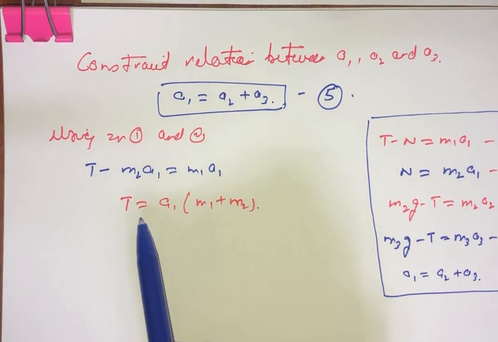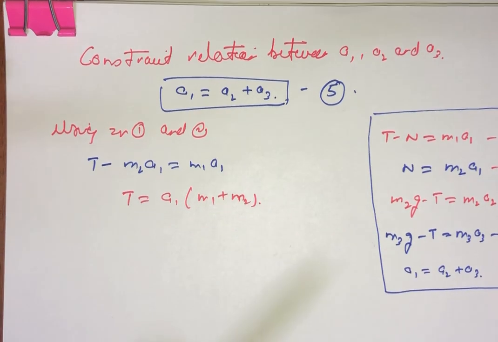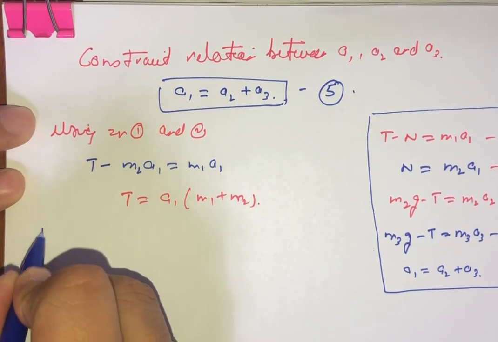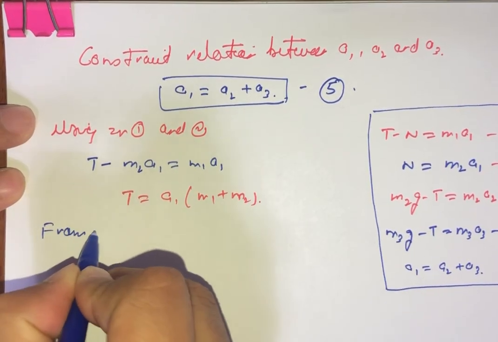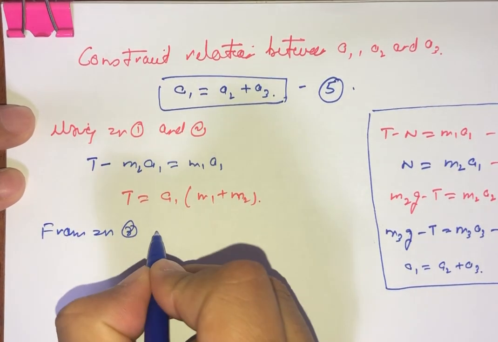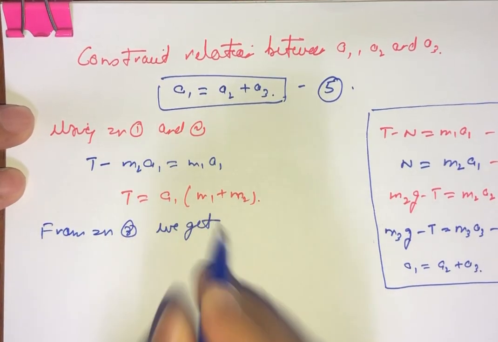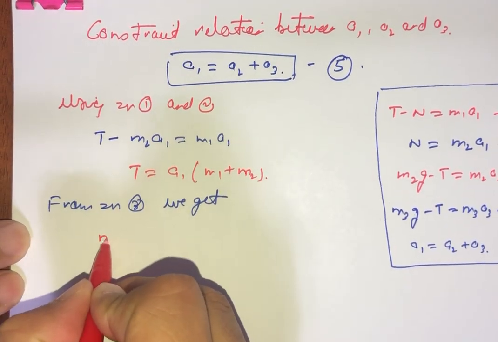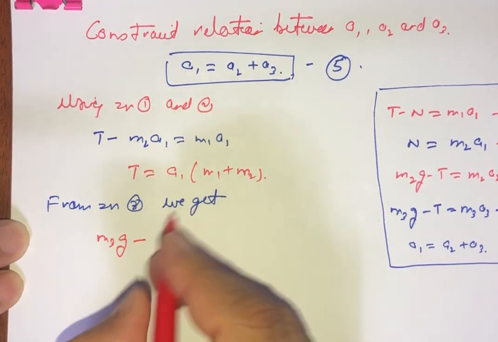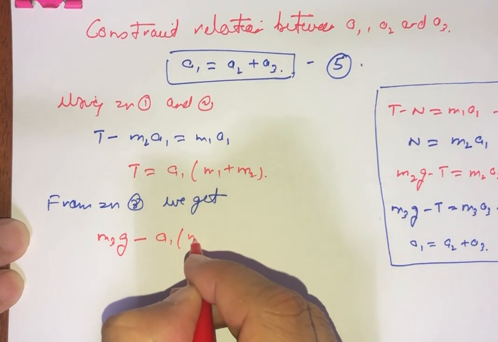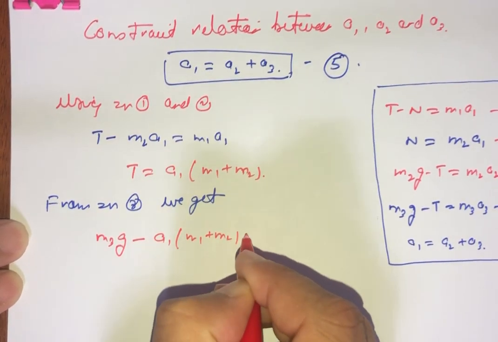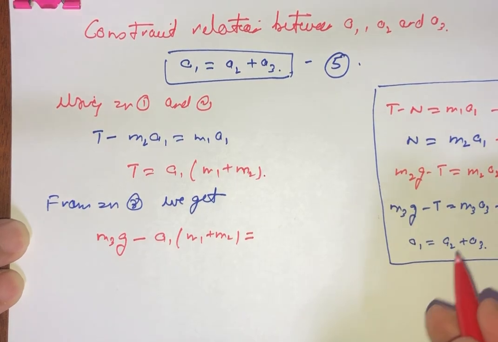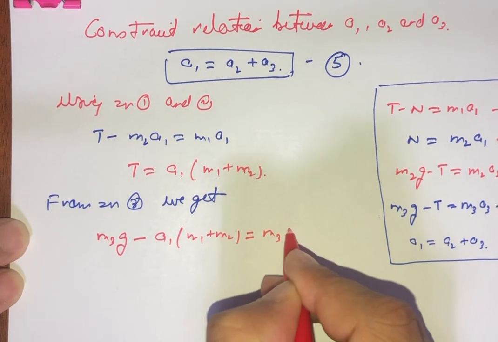Okay, and now we substitute this value of T in equation 3. We write from equation 3, we get m3 g minus T, that is a1 (m1 plus m2), is equal to m3 a3.